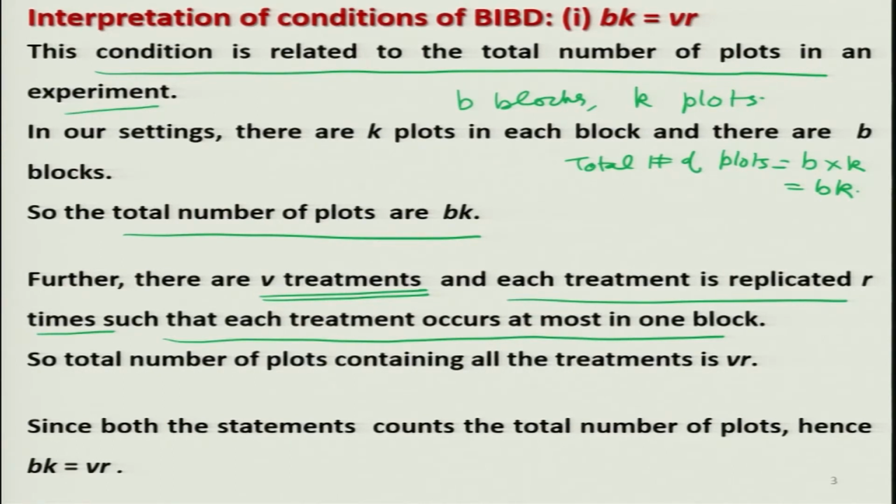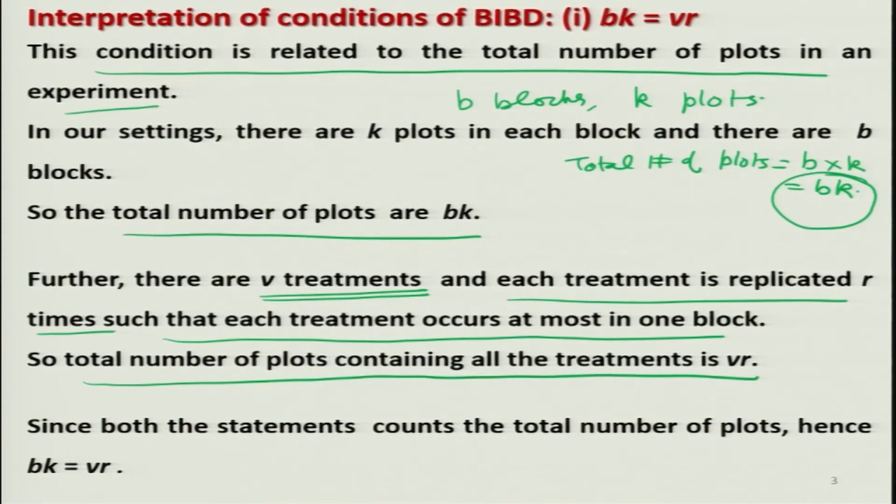So all these plots, the total number of plots being b into k, are going to contain these v treatments such that each of the treatments is repeated r times and each treatment occurs either 0 times or 1 time inside the block. So that means can you say here that the total number of plots containing all the treatments is vr?